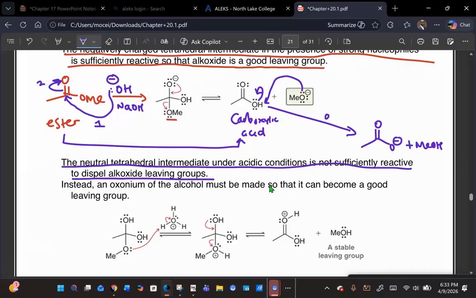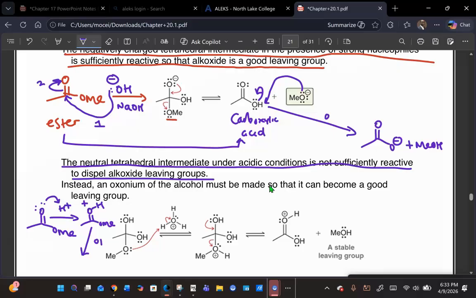So this is what you're talking about. If you're in acidic conditions, don't expect to have O minus. Again, I'll take you back to where this starts. So imagine you have an ester, you're in acidic conditions, you get OMe, and then from here you would attack this molecule with OH, with water.